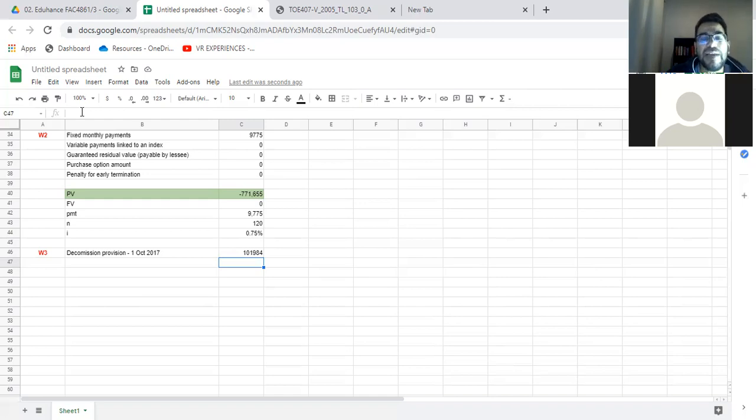So the subsequent measurement relating to a decommission liability is basically this: debit interest expense, P&L, and credit decommission provision.